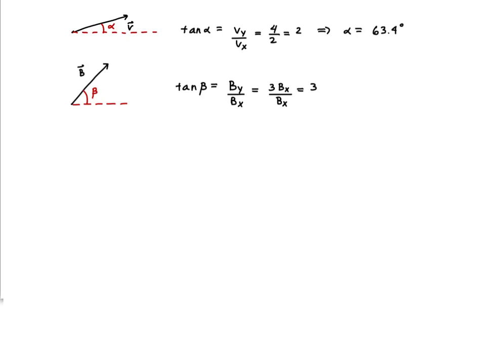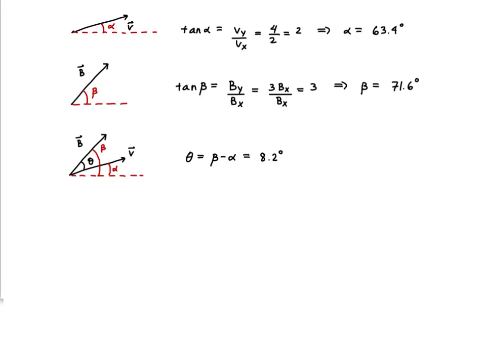Putting in for By and Bx, remember By is equal to 3Bx, so 3Bx over Bx is going to equal 3, which then gives us beta equals 71.6 degrees. So by knowing both of these angles, we can find theta, because theta is simply going to be beta minus alpha. Subtracting the two angles, theta is going to equal 8.2 degrees.